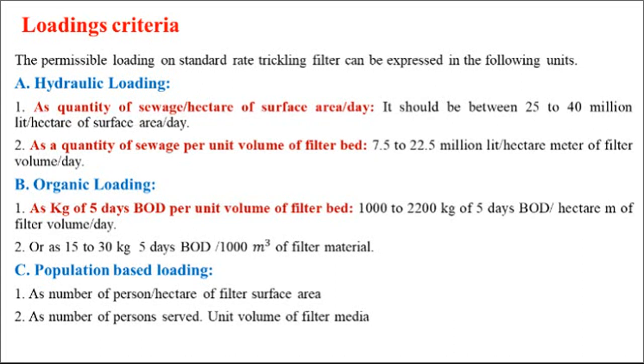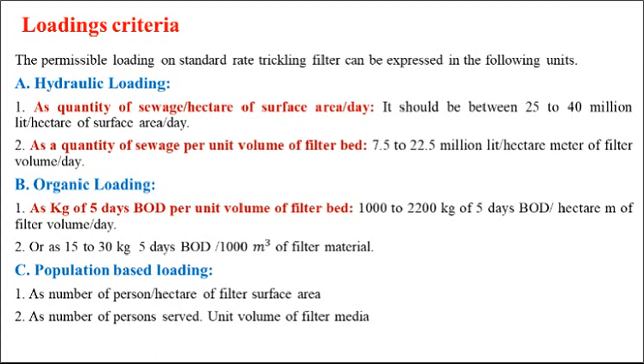Then second, in terms of organic loading, that is kg of 5 days BOD per unit volume of the filter. As per this loading criteria, the loading rate is 1000 to 2200 kg of 5 days BOD per hectare meter of filter volume per day, or 15 to 30 kg of BOD per 1000 cubic meter of filter media.